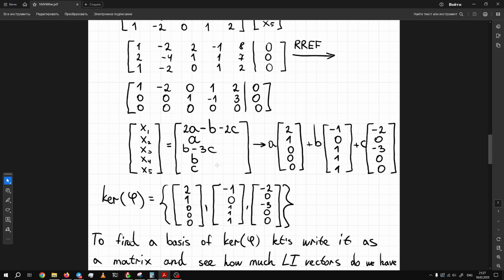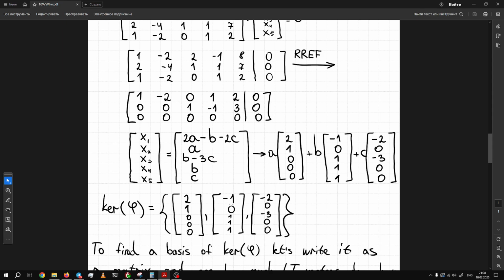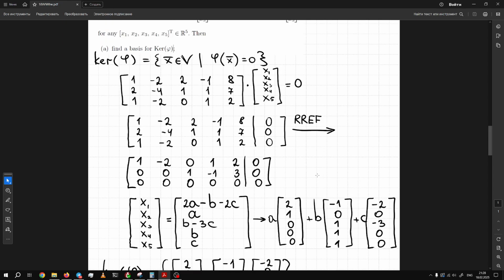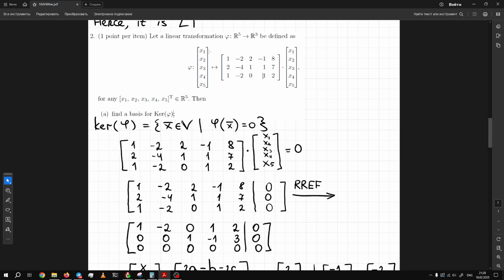So yeah, so kernel of phi is the set of these vectors. Yeah, we found it. So that is it. It depends on what A, B, and C we input, because we don't have some exact vector.